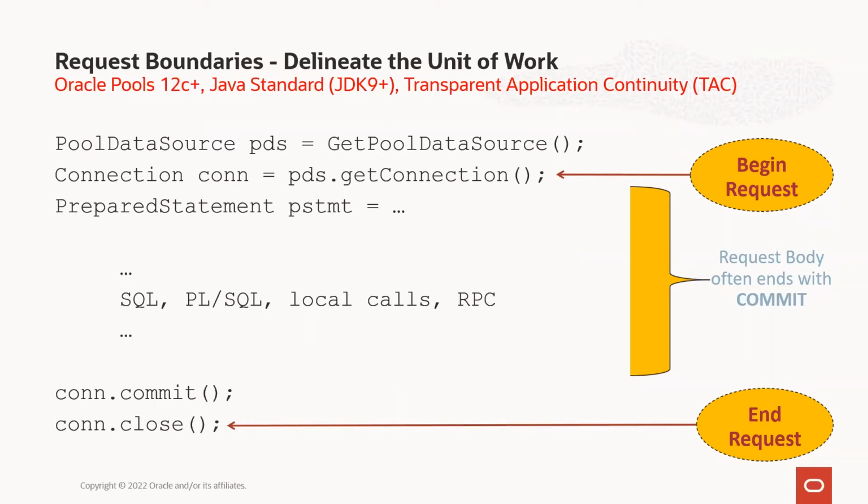It submits a number of statements, SQL statements, PL/SQL, whatever it might be. It may commit once only, but it may not. It may just be queries. So it doesn't matter. When it returns the connection to the pool, that tells the connection pool to inject an end request marker.